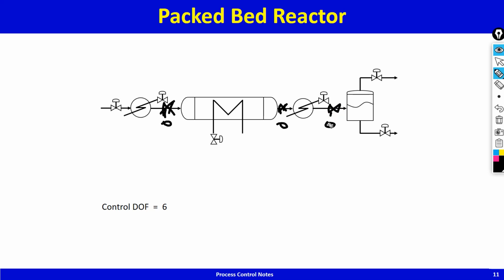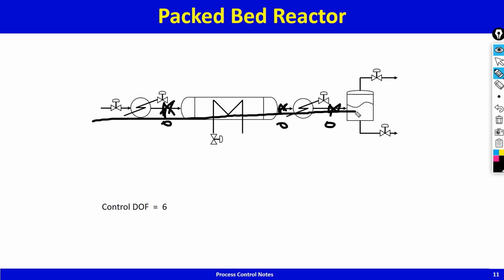It's just that the plug flow reactor is a big pipe. Whatever is flowing in from here flows through the cooling heating tubes, through the packed bed reactor, through the cooler, and then ends up in the flash drum. So it's all one flow through a pipe, and that pipe could be large or small.